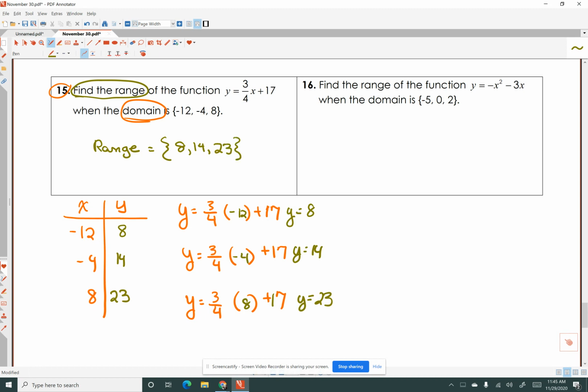All right, the last problem in today's review. Again, we're finding the range of the function y equals negative x squared minus 3x, don't forget the negative sign, when the domain is negative 5, 0, and 2. So let's make a table of values. And our domain is negative 5, 0, and 2.